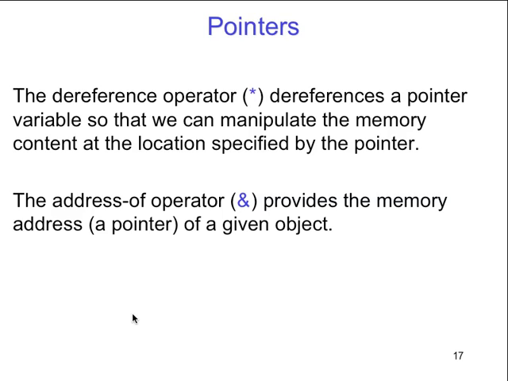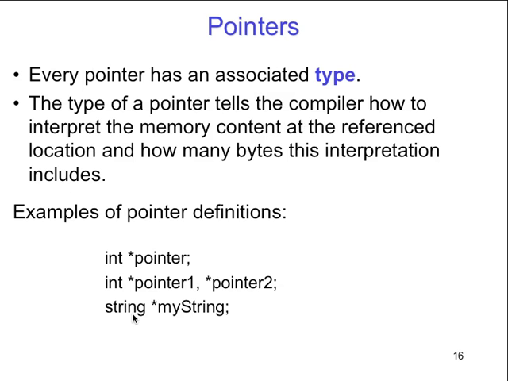So I mentioned this reference and this dereference. Let's just look at the top line here. We're going to create a variable and we're going to call it pointer. If I leave this out, I said integer pointer, and I would say pointer is equal to 1. I would assign this value 1, which is a valid integer number that I can assign to an integer variable.